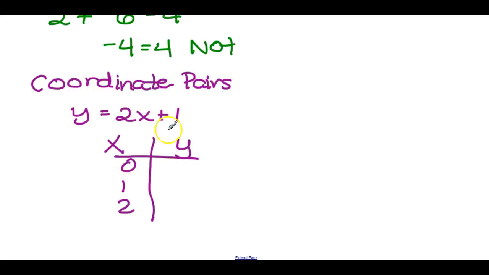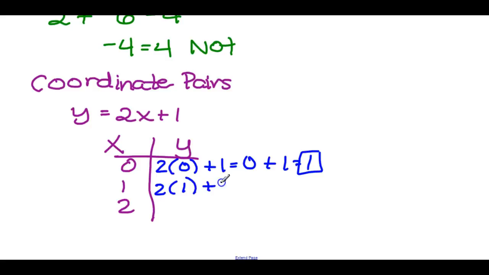So if I put in 0, it's going to be 2 times 0 plus 1. 2 times 0 is 0, plus 1 equals 1. And then 2 times 1 plus 1 equals 2 plus 1, which is 3.